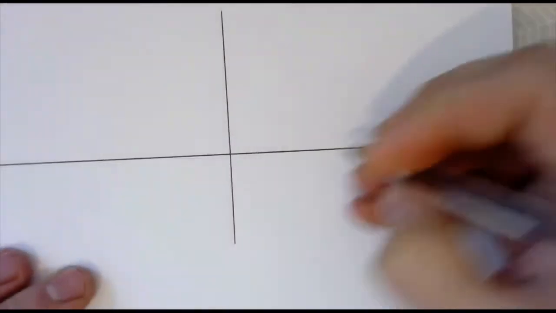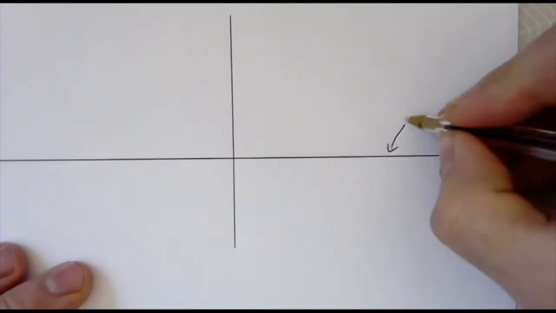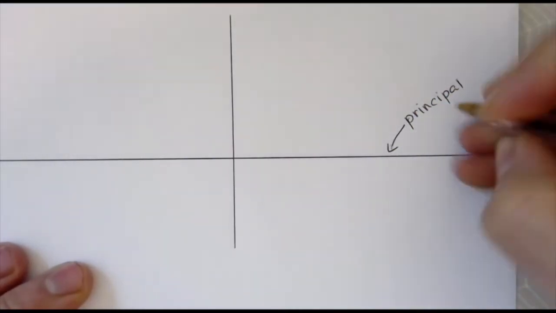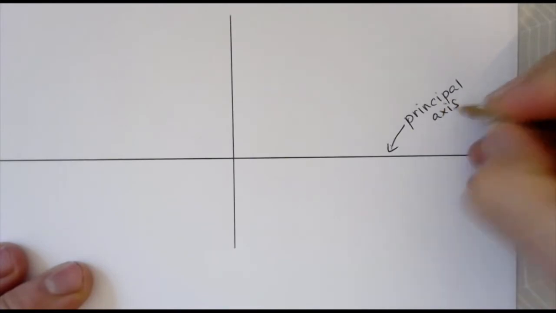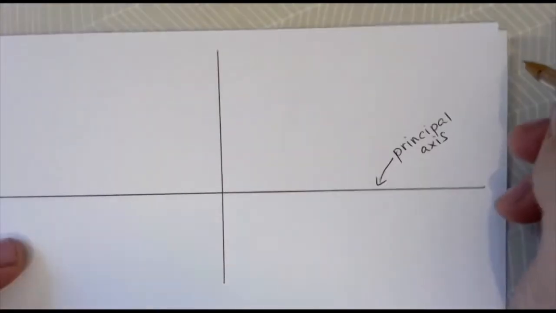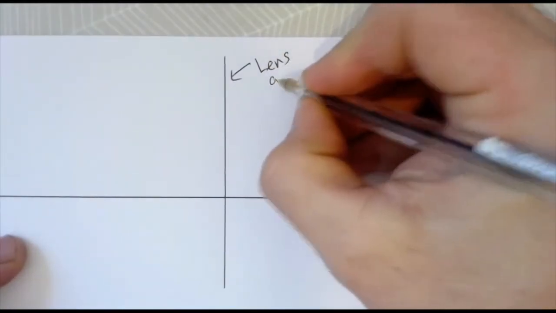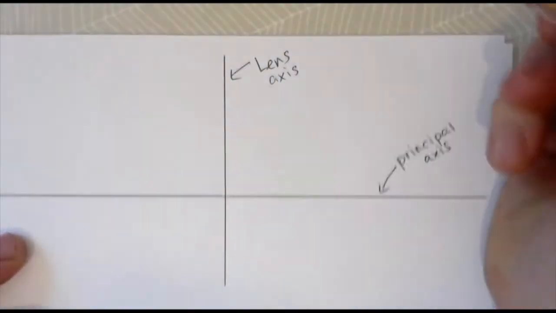The first line we drew is going to be our principal axis, and the vertical line intersecting it is going to be our lens axis. This would be the centre of our converging lens.